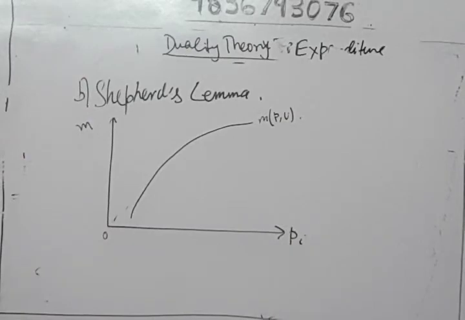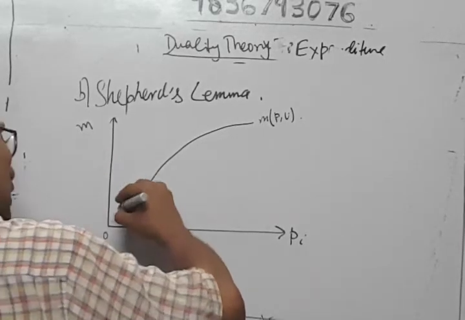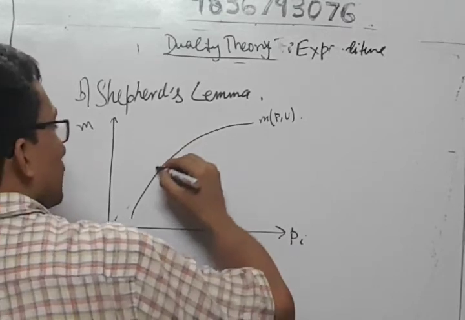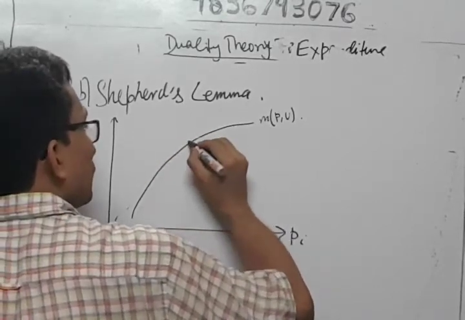Here this expenditure function corresponds to a given level of utility. For different levels of utility, we will have different expenditure lines. Now, let's say we draw a tangent to this point.